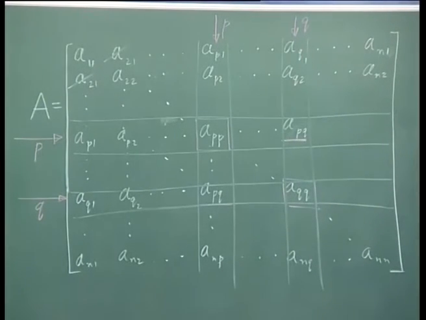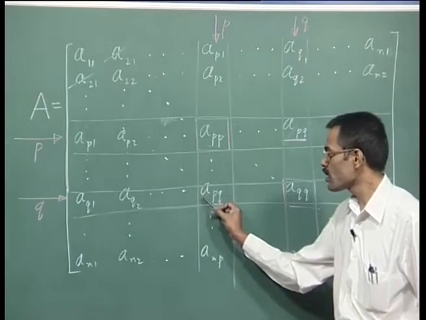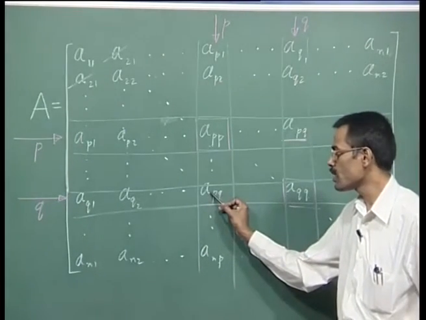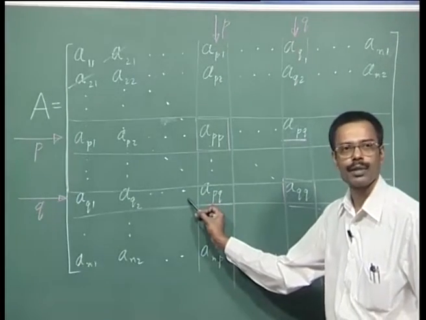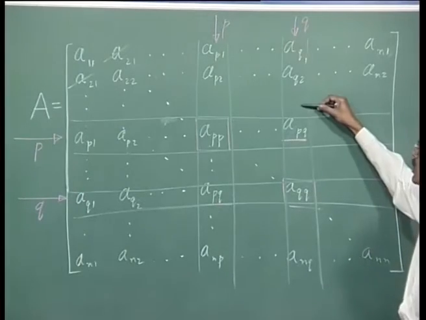A particular choice gives you Given's rotation method, in which R is taken as P minus 1. That means you do not try to make this corner element 0, but you just want to make this element 0, just left of this corner and just above this corner.